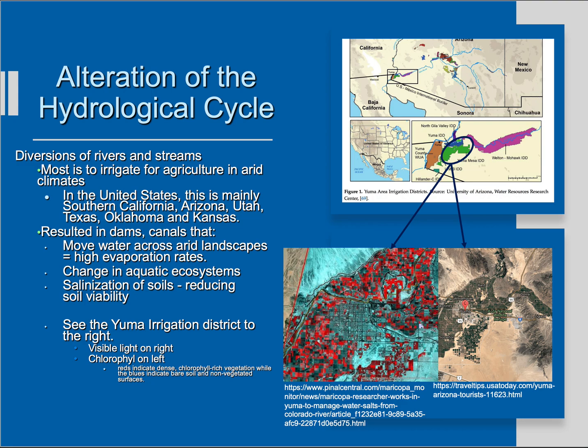arid landscape of Arizona. And in doing so, we're exposing that water to larger durations of potential evapotranspiration, which is then going to increase the humidity in these areas and change local and regional climates to some degree.